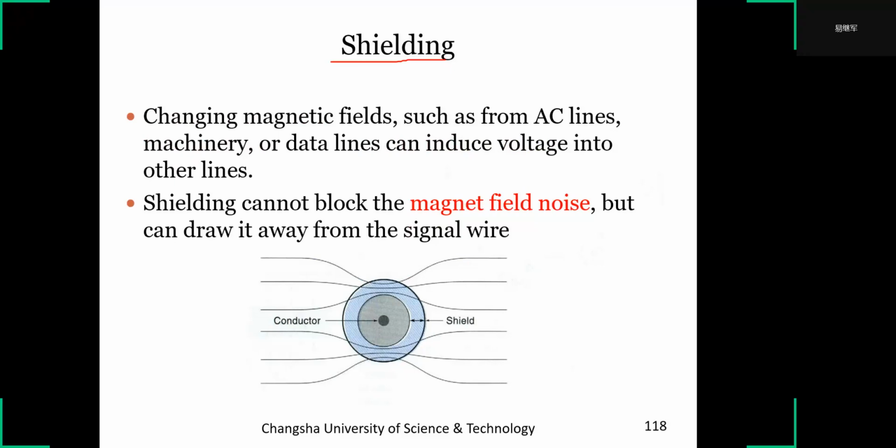Shielding cannot block the magnetic field noise, but it can draw it away from the signal wire. In this example, this is a signal wire. Outside the signal wire, we put the shield. So the magnetic field noise can pass through the conductor outside the wire.